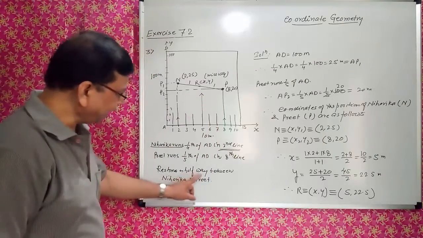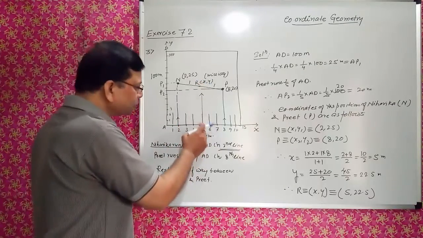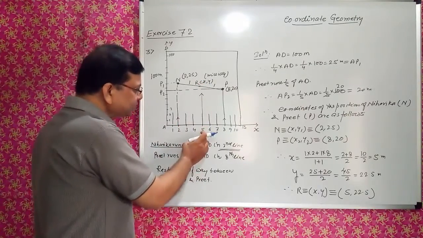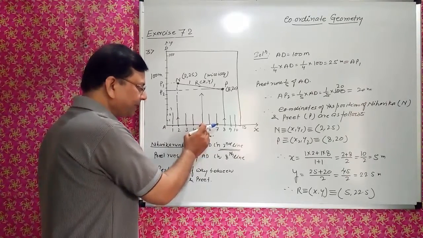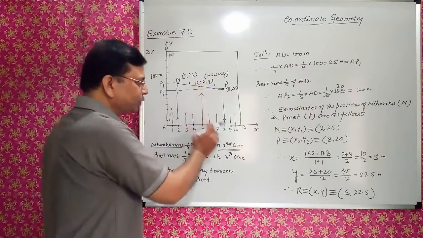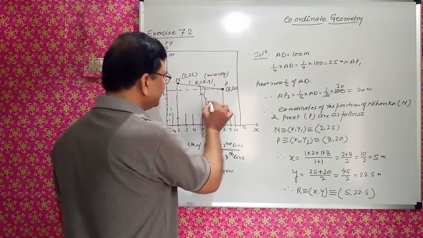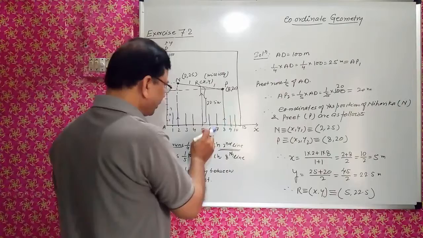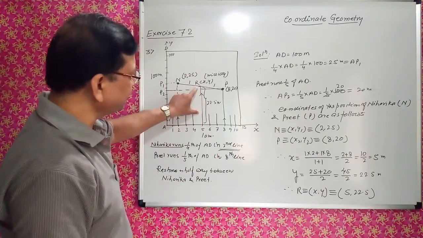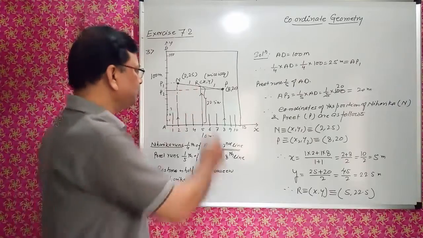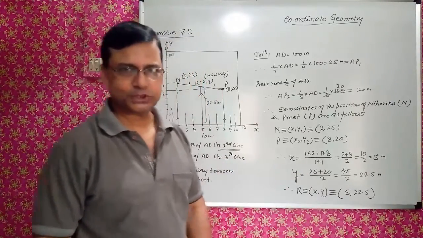So Reshma is halfway between Niharika and Pri, halfway here. So she has to move along the line passing from 5 position. Along this she has to go at a distance of 22.5 meter. On the 5th row she has to go at a distance of 22.5 meter and she should put the flag over here. So this will be the answer of this question.